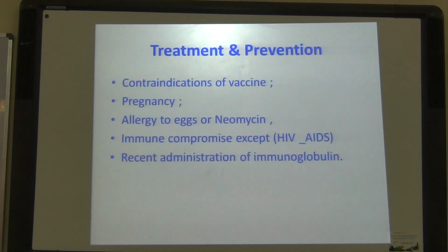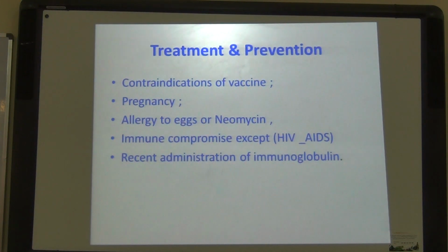Since these vaccines are live, they have some contraindications. They cannot be given to immunocompromised patients, those who are allergic, or in early pregnancy, because they can revert. They are also contraindicated in HIV/AIDS patients, or when immunoglobulins have been given.